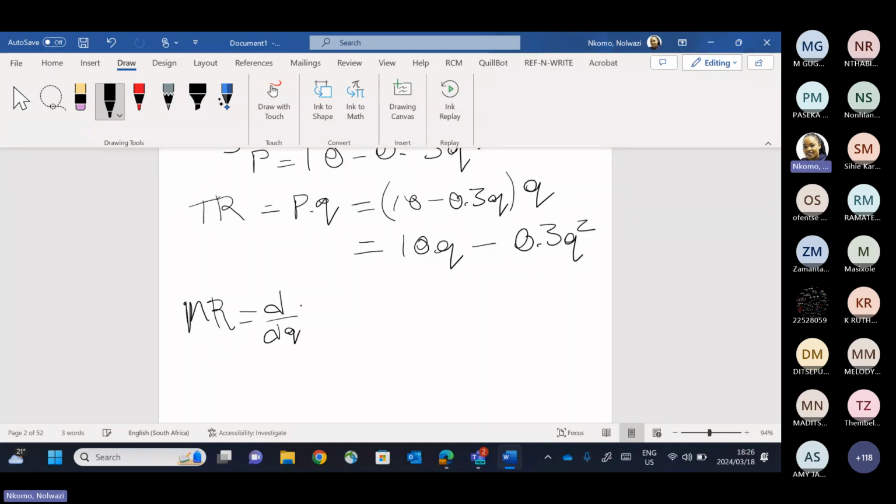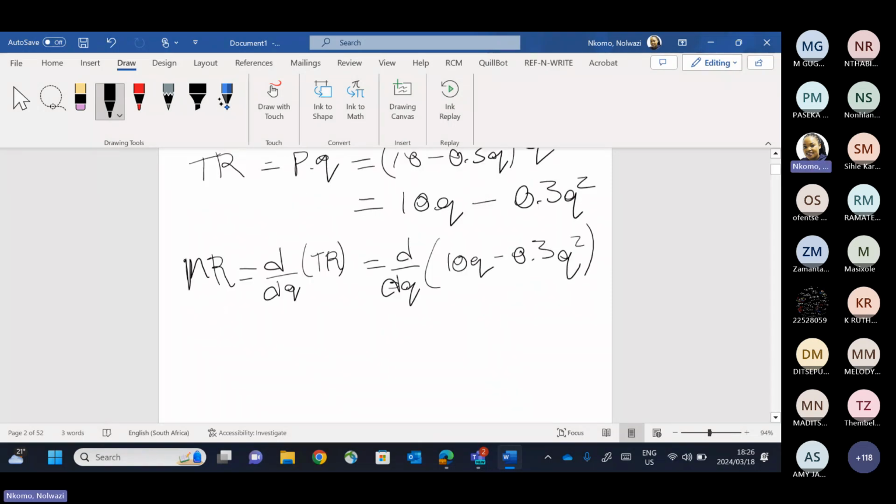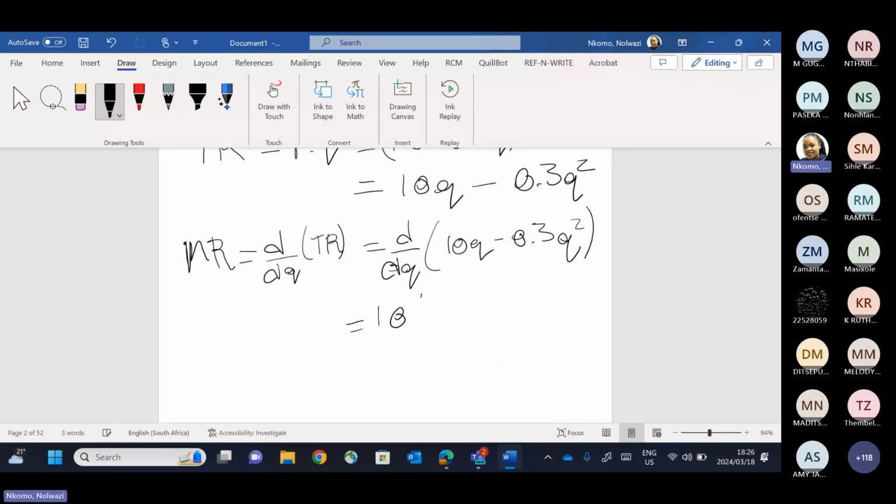So marginal revenue equals the derivative of total revenue, which is d over dQ of 10Q minus 0.3Q squared. This gives us 10 d over dQ of Q minus 0.3 d over dQ of Q squared.